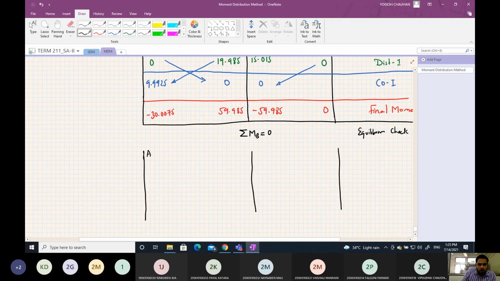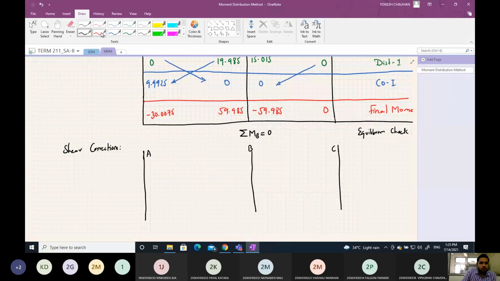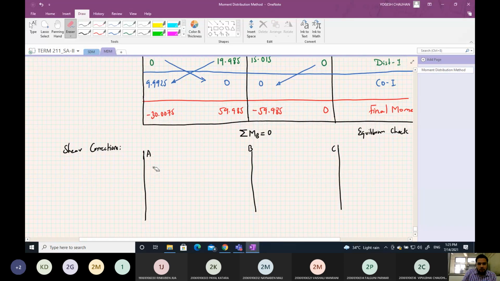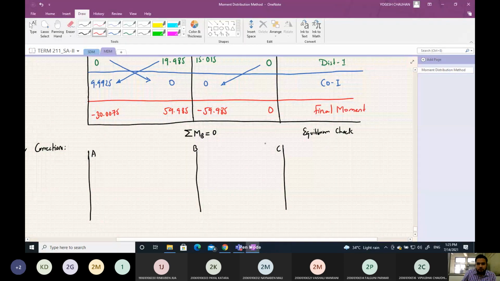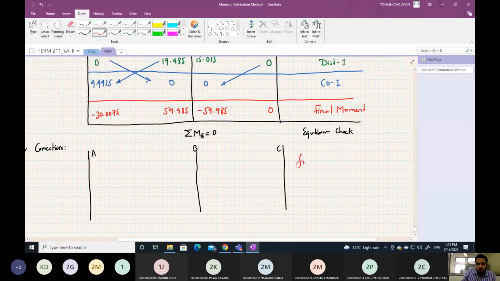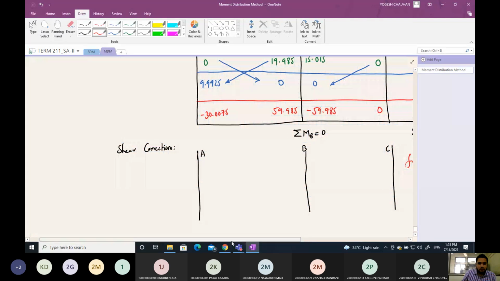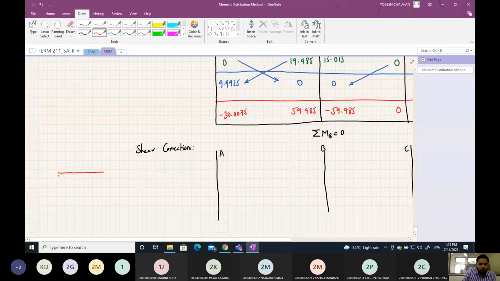This is A, this is B, and this is C. Here shear corrections, AB, free shear. Free shear means you have to find the freely supported shear value of shear force due to freely supported condition.